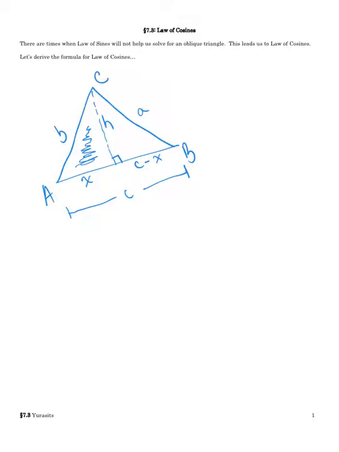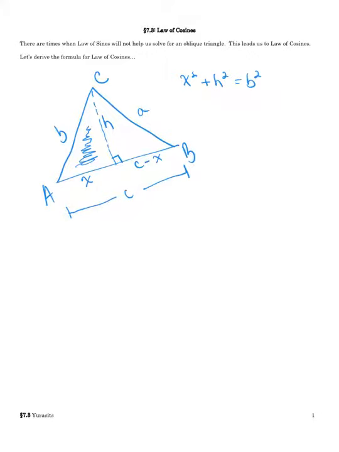There's three triangles we see here. We see two right triangles and a big oblique triangle. And so we're going to do good old Pythagorean Theorem with this shaded triangle. So that would be x squared plus h squared equals b squared.